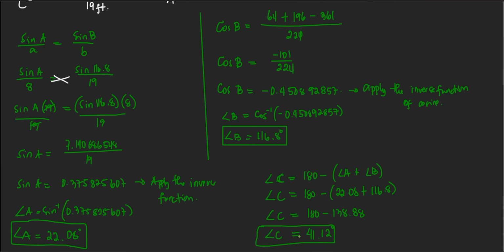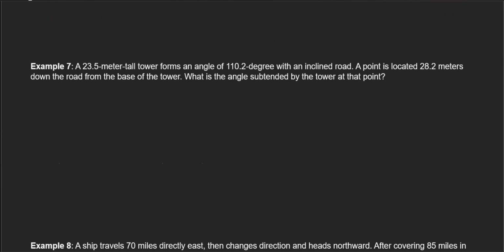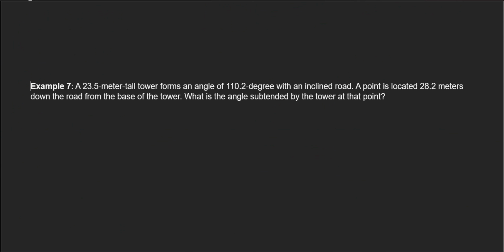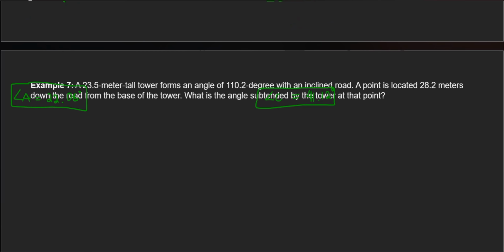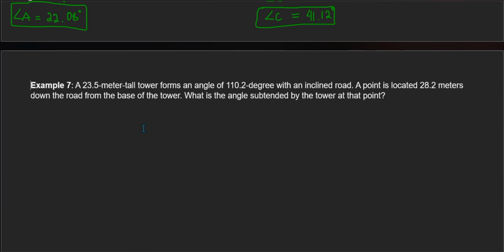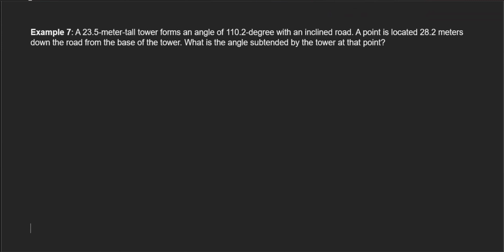Alright. So, that's it. And we're not yet done. So, meron pa po tayong last two problem. Okay? Now, let's say for example, a 23.5 meter tall tower forms an angle of 110.2 degree with an inclined road.